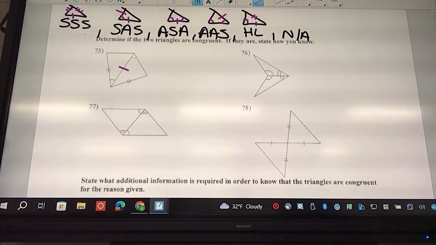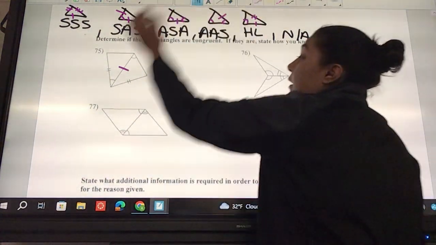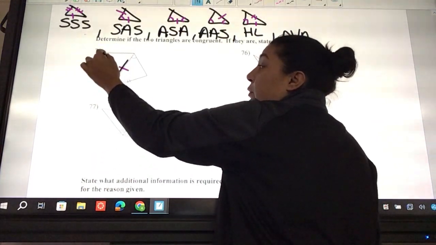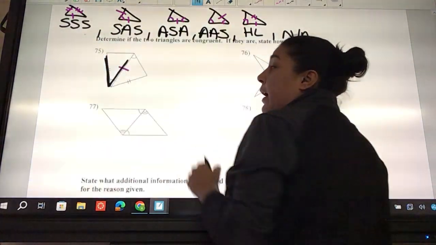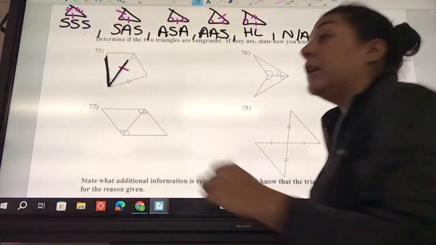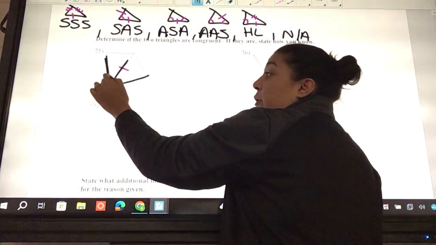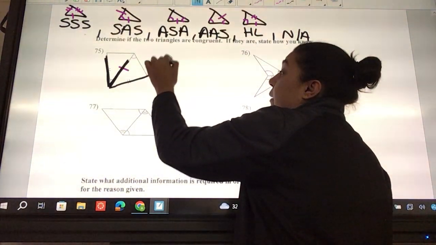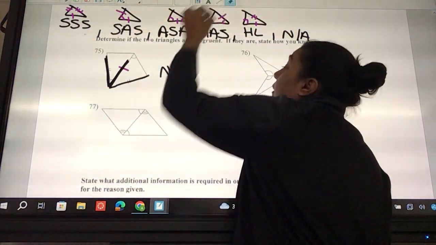The other side does not. So if we start here on this one, I am on a side, angle, side. So I went from 2 to angle to 1. If I did the same order on this one, I went from 2, that should be an angle, to 1. Is that? No. So this is going to be NA.